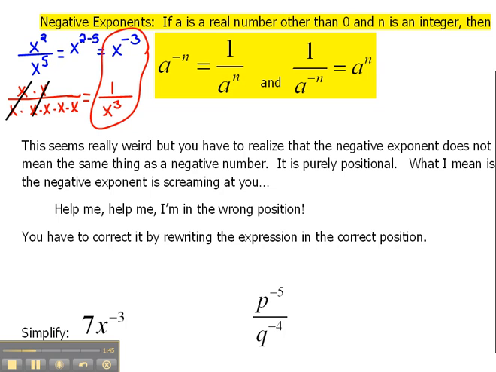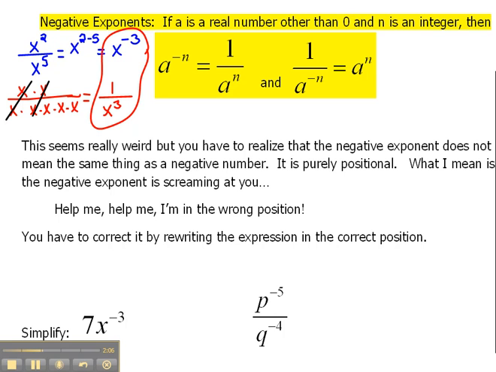Now, we don't like to write things with negative exponents. If you can correct it, make the exponent positive, you always should. That's by far the best thing to do. I want you to remember that a negative exponent is not a negative number. It truly is positional.